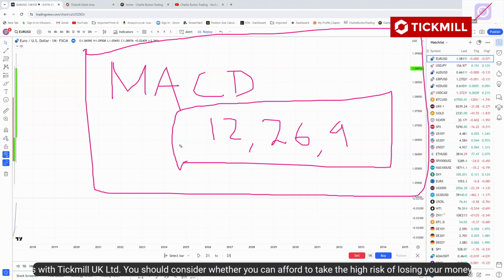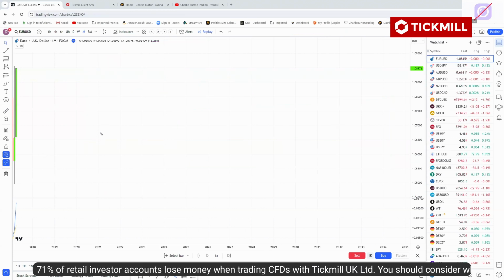So if all you use is MT4 for your charts, do let me know, and at the end of tonight's session I will find that download for you and figure out a way of getting it to you. Maybe we'll get it put onto the microsite that we're having built. Anyway, so 12, 26, and 9. The standard MT4 setting for MACD is no good, so I've got a plugin.